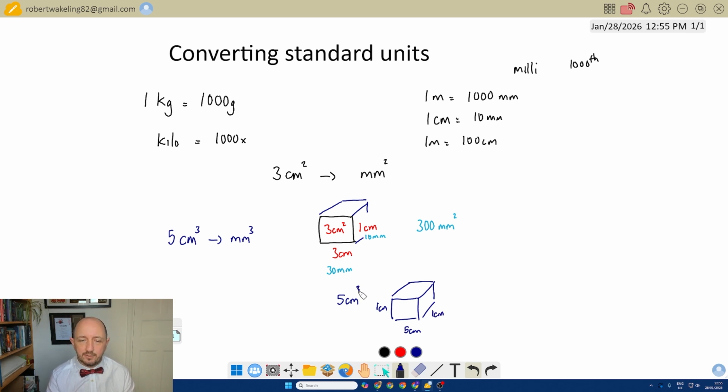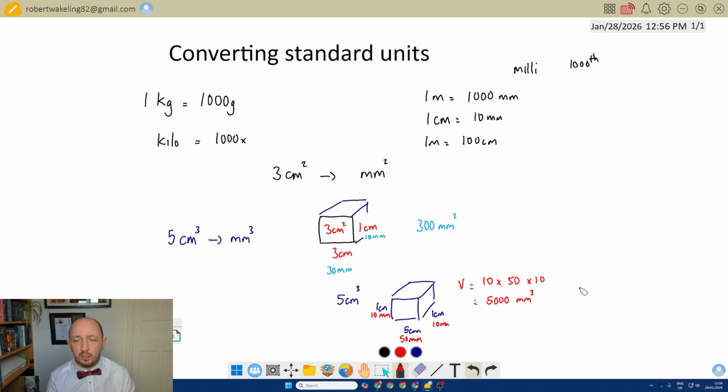That will create a 5 centimeters cubed shape. And then for each length, I can turn it into millimeters by times by 10. And 10 millimeters here. So my volume now is 10 times 50 times 10. Okay, which is 10 times 50 is 500, times 10 is 5,000.